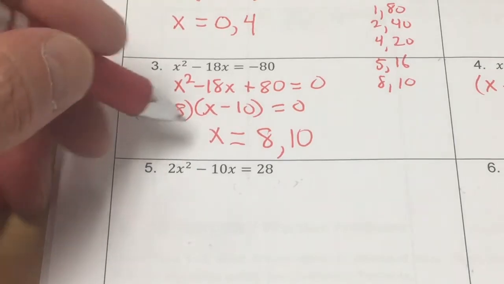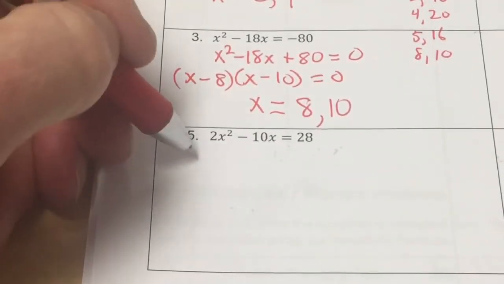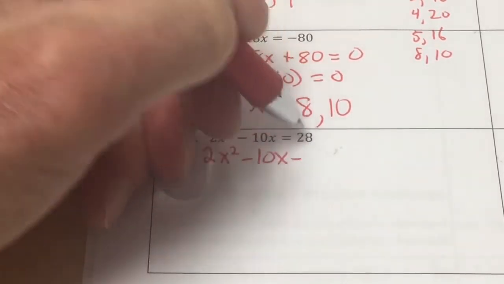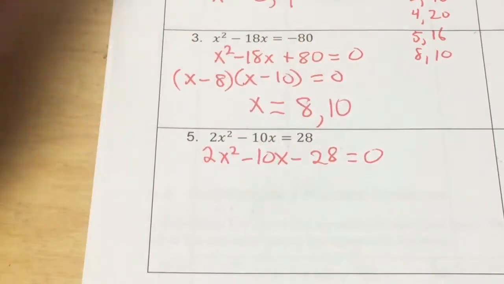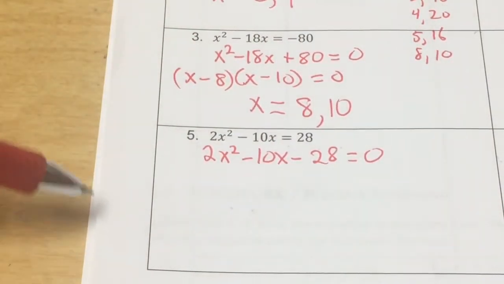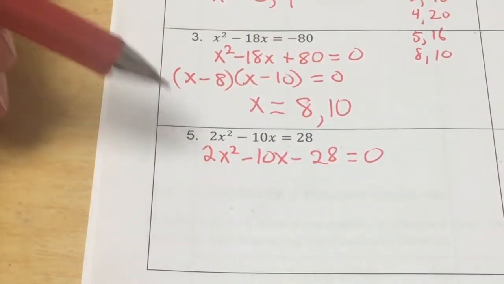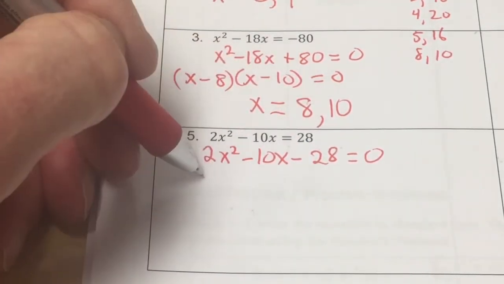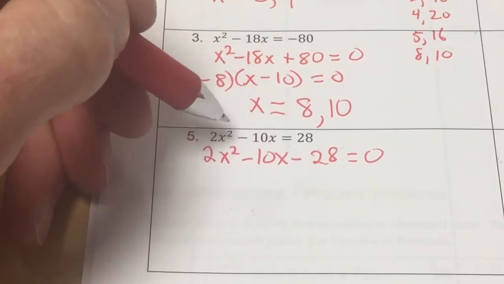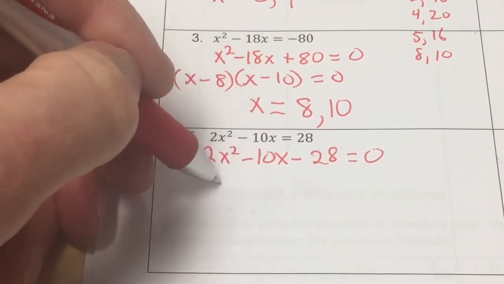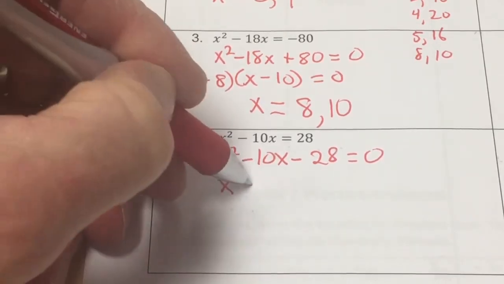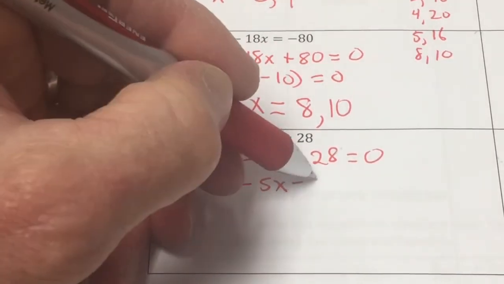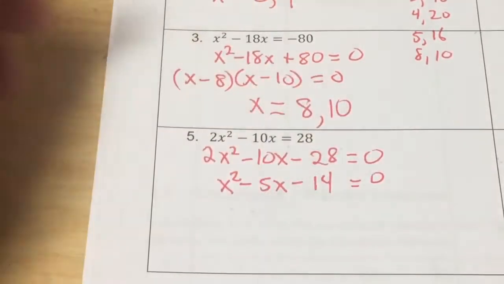On number 5, again, we have a situation where we need to get it equal to 0 before we can start thinking about factoring. But once we've done that, we're back to where we were on number 1 because there is a common factor in all of these. Those are all even numbers. Therefore, everything can be divided by 2. If we divide by 2, this becomes 1x squared, negative 10x becomes 5x, and 28 becomes 14.